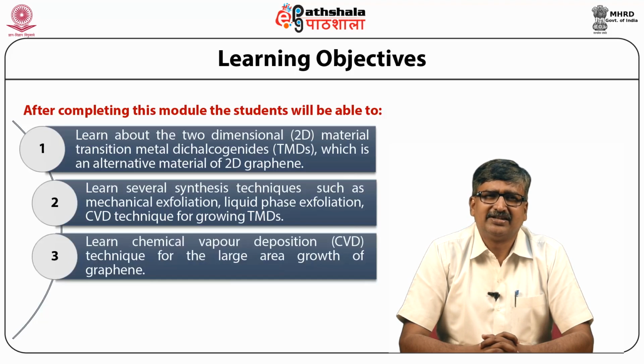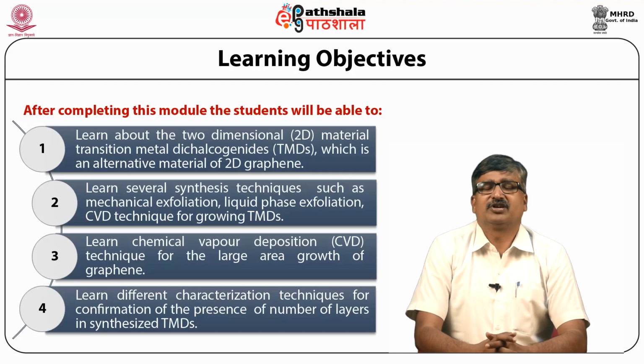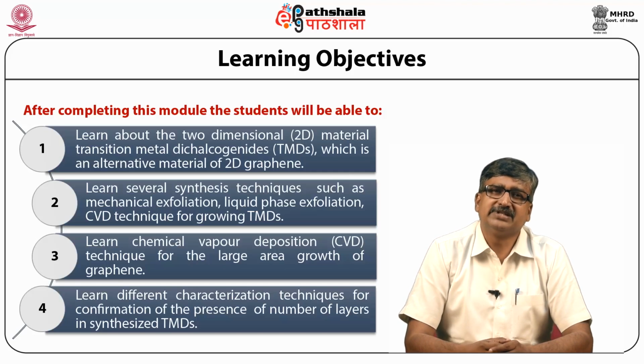You will learn the chemical vapor deposition technique for the large area growth of graphene. You will also learn the different characterization techniques for confirmation of the presence of number of layers synthesized for these two-dimensional TMDs.